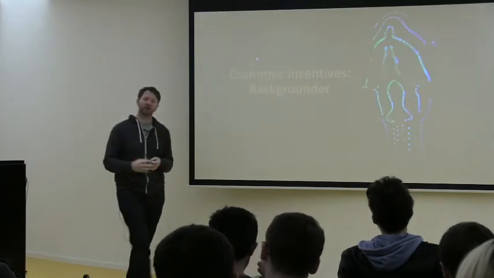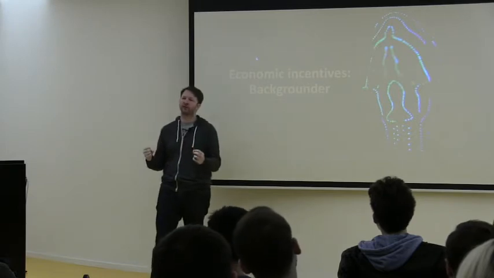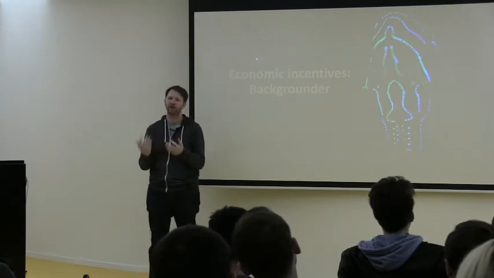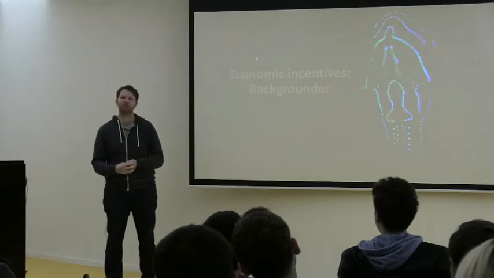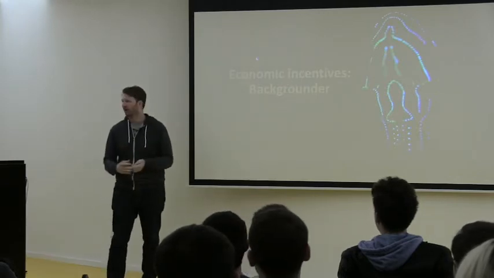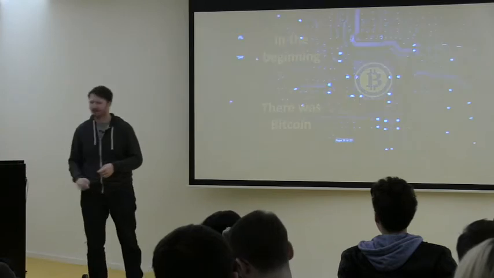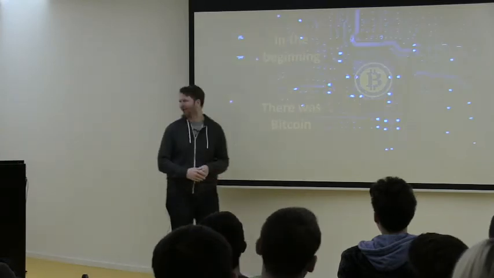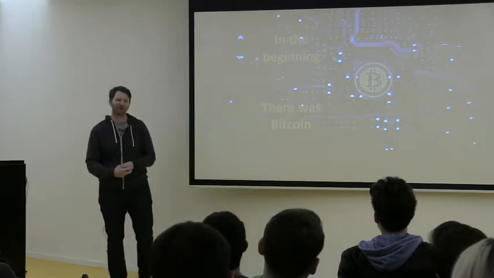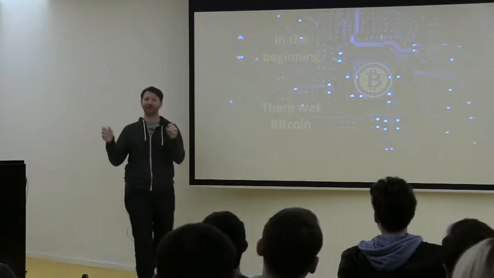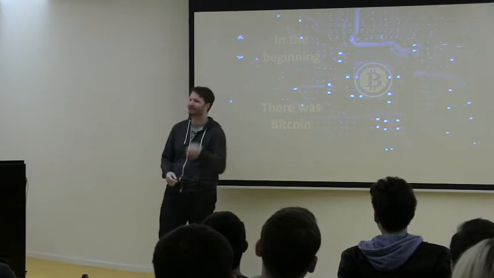So that was the first challenge, right? Getting rid of these data silos and instead encouraging the data to get pooled together. But there's a second part. How do you incentivize people to pool this data, right? What do you do? By a bit of background, in the beginning, there was Bitcoin, right? And many of us probably have been following Bitcoin since maybe even 2008 if you're really on top of things, but 2009, 2010, and so on.